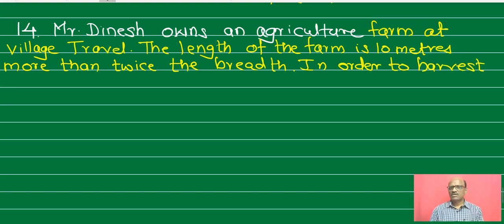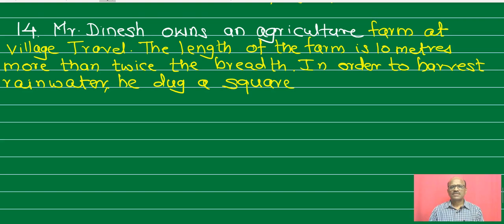In order to harvest rainwater, he dug a square shaped pond inside the farm.